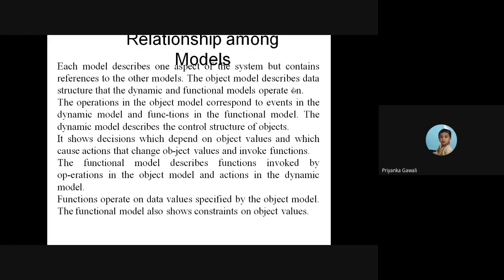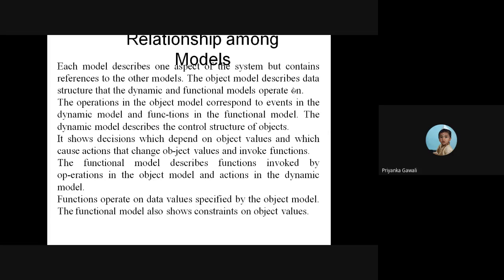The object model describes a data structure; the dynamic model and functional model operate on that data structure. The operations in the object model relate to the events in the dynamic model and the functions in the functional model.